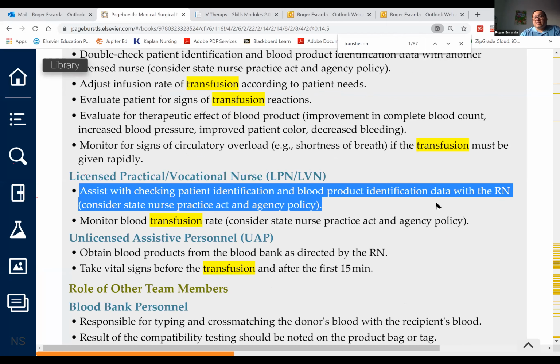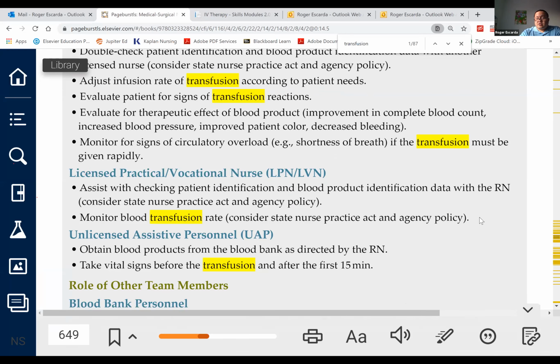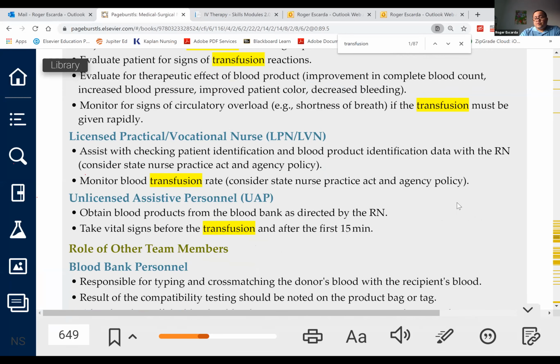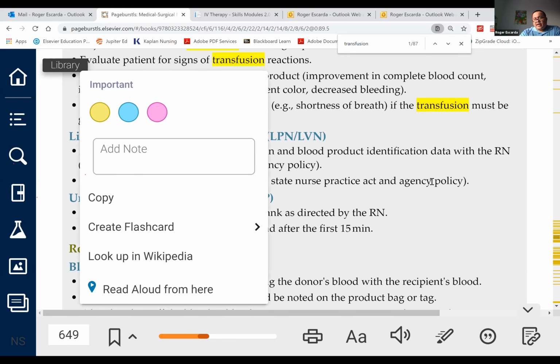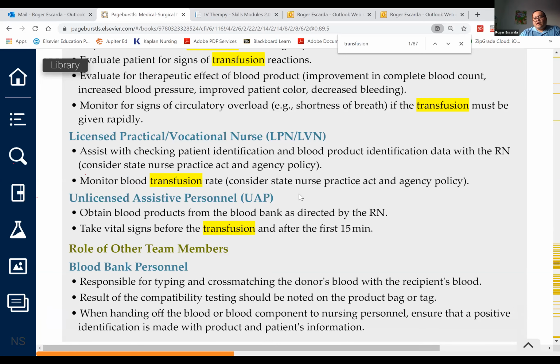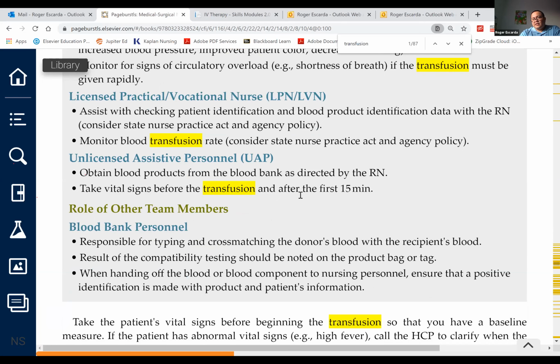So the LPN can be your second nurse. You don't really need 2 RNs to do the transfusion. You just need 1 RN actually hanging the blood, but the person double checking with them is the LPN. But see also here, the LPN can monitor the blood transfusion rate. All right, so I just want to make clear what can be delegated to who here.